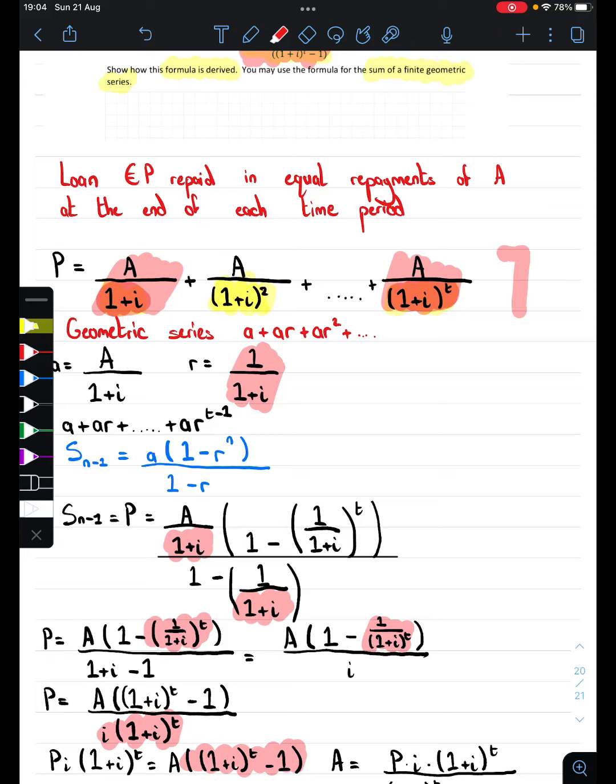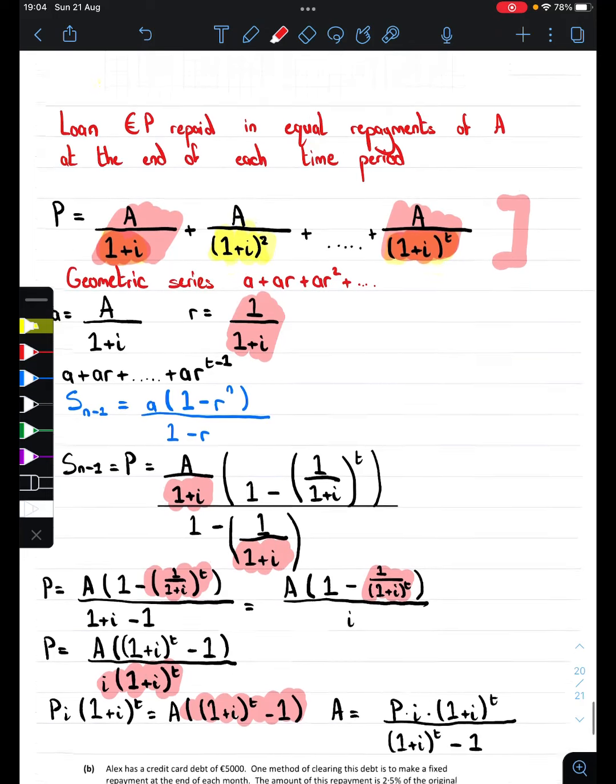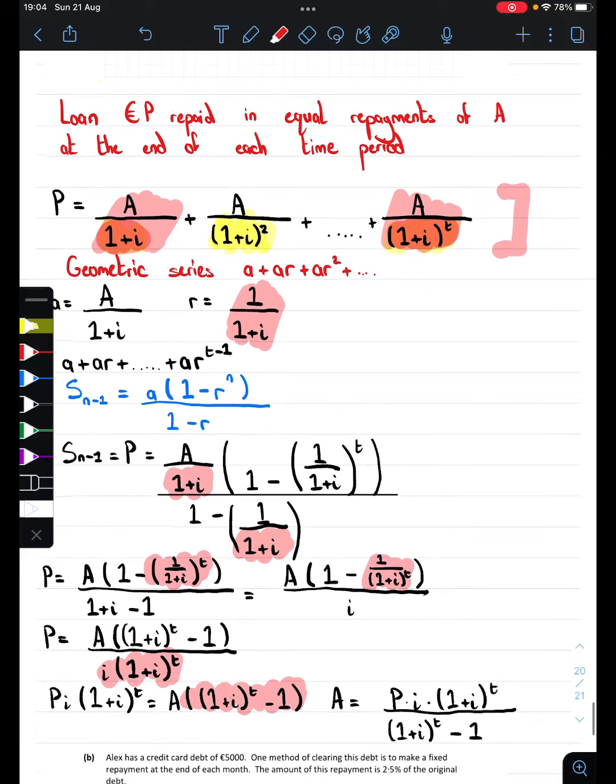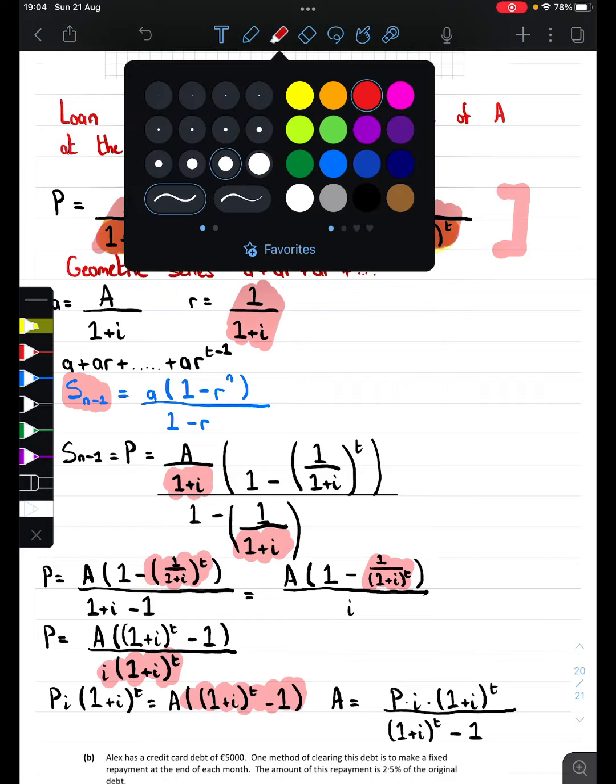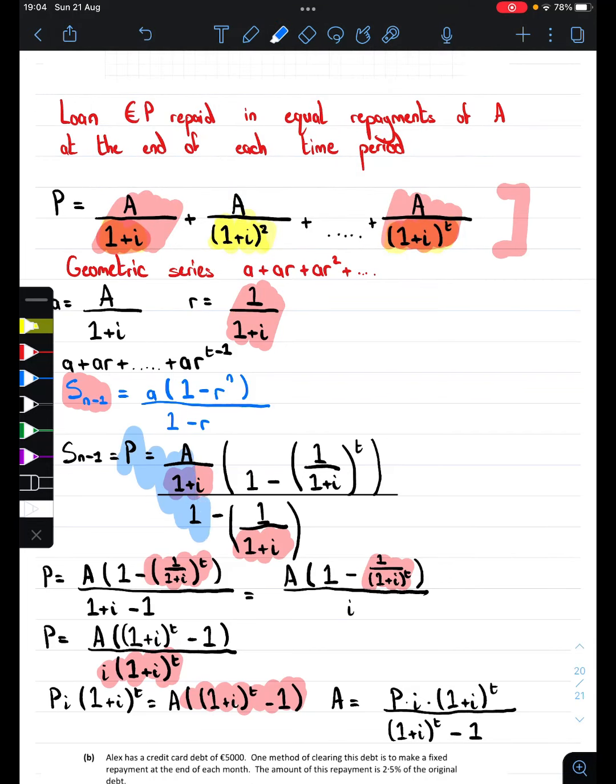So this section here. And then just using our knowledge of a geometric sum, and then just manipulating this big expression here, to try and express a in terms of everything else. So trying to isolate a. And there's a couple tricks, multiplying by the 1 plus I over 1 plus I, but they're not even really tricks.